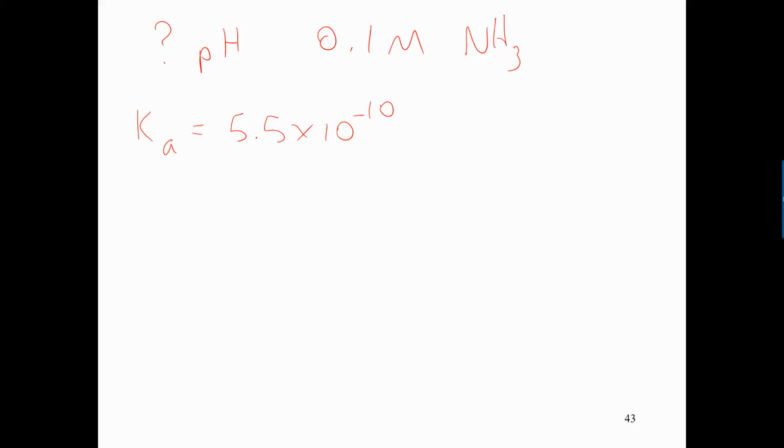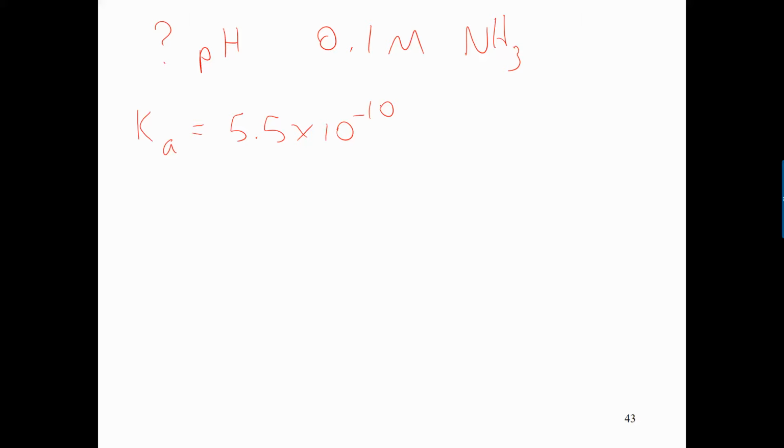Am I going to use the same equation for this? Am I going to use HA dissociates into H plus and A minus? NH3 plus water gives you NH4 plus OH minus, or A minus plus water gives you HA plus OH minus.